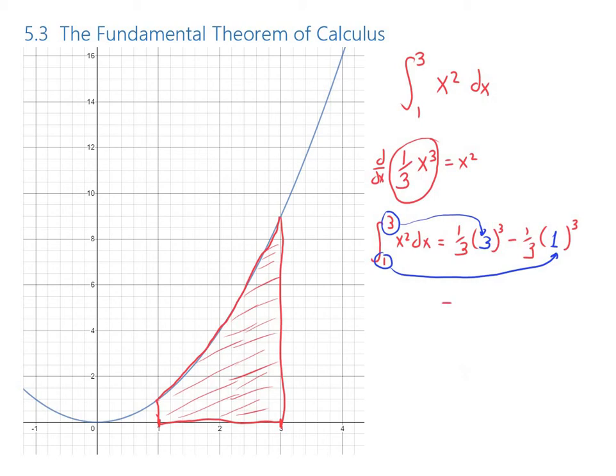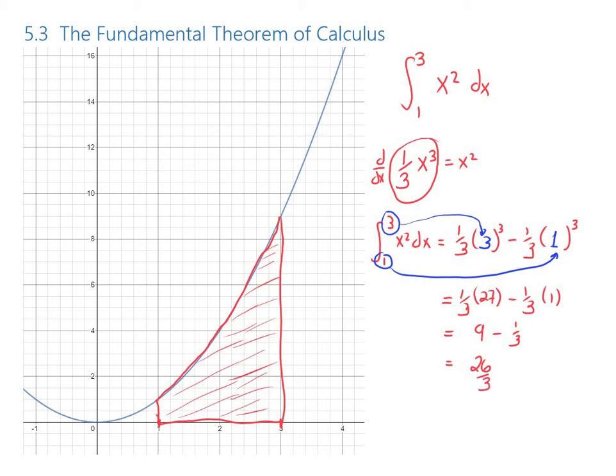So the rest of this shouldn't be hard for these particular numbers. We've got 1/3 times 3 cubed, which is 27, minus 1/3 times 1 cubed, which is 1. So 1/3 of 27 is 9, minus 1/3. So 9 is 27 thirds, minus 1/3 is 26 thirds.